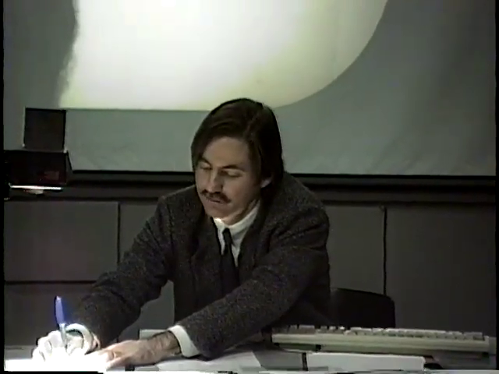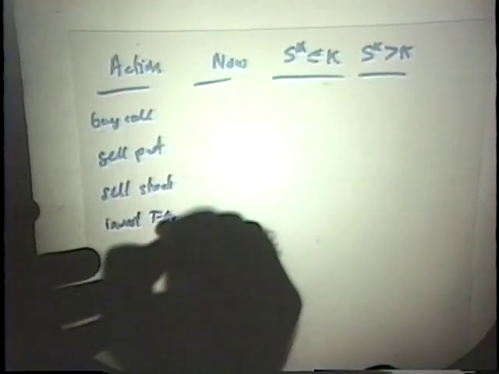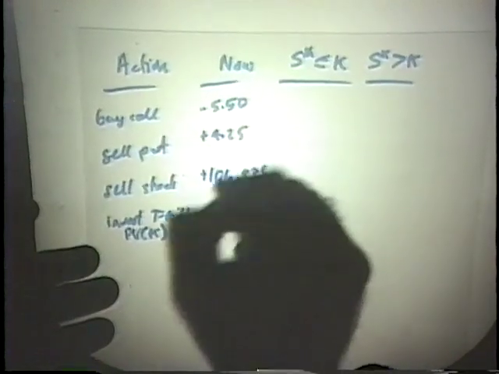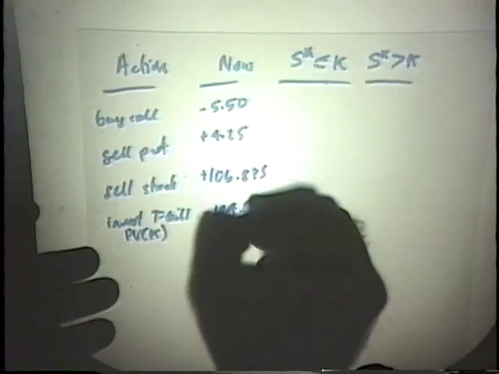So it's going to be action, now, S star less than K, and S star greater than K. Buy call, sell put, sell stock, and invest in T-bill, the PV of K. So now this equals minus 5.50 plus 4.25 plus 106.875 minus 104.643.